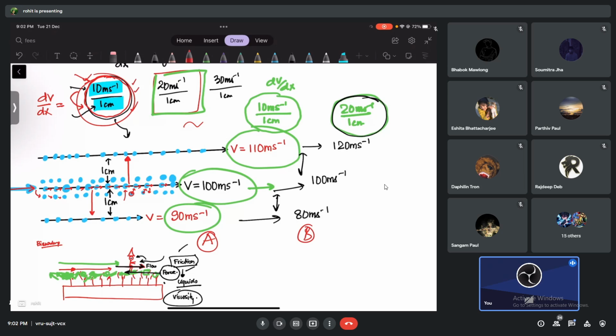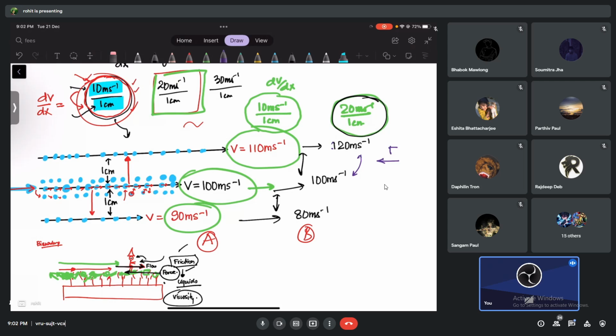Please tell me, in which case do you have more velocity gradient, A or B? B, you have more velocity gradient. Now is the time to ask you, in which case do you think we have more opposing force?